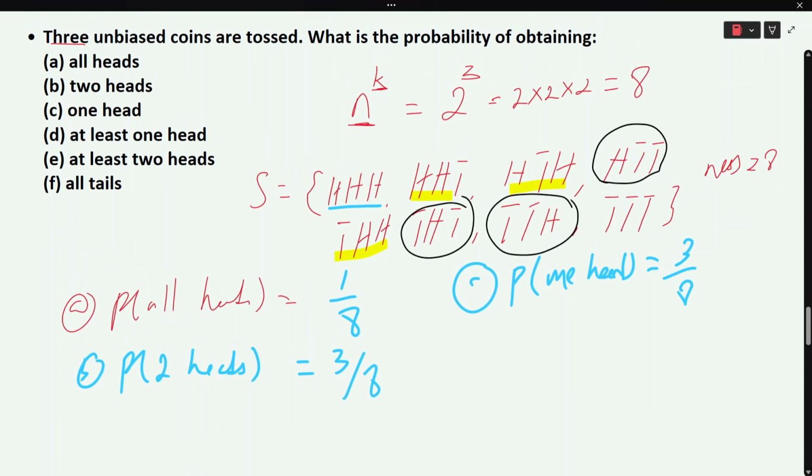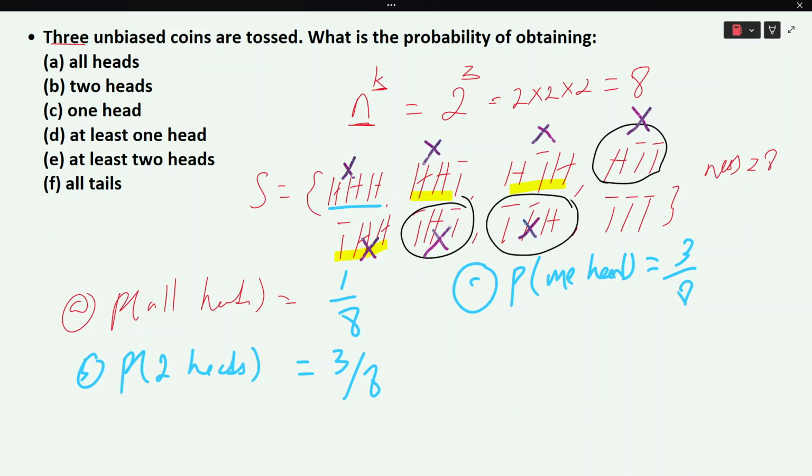At least 1 head means 1 or more heads. Here contains 1 or more heads in each of these. So we have 7 out of 8.